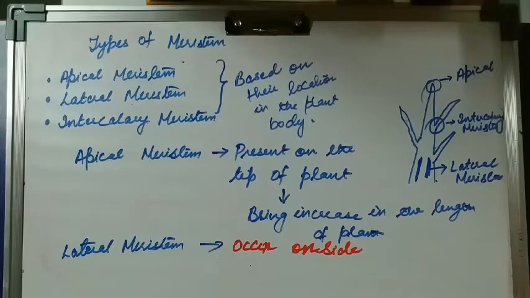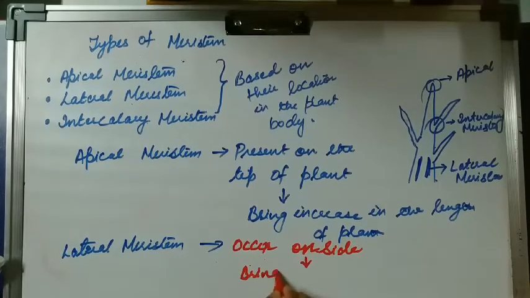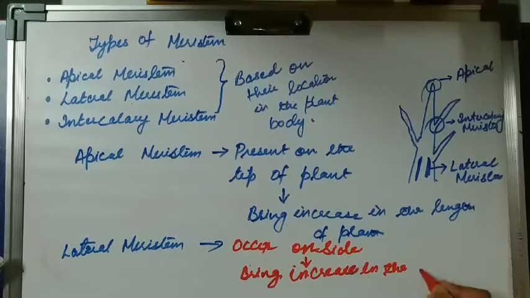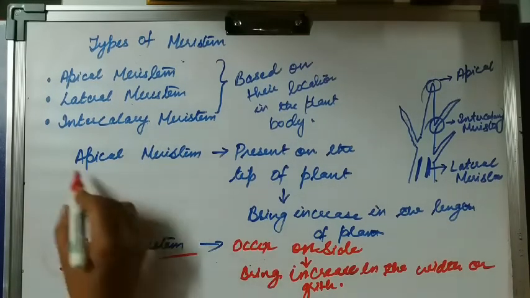The lateral meristem is present on the side walls and they bring about an increase in the width or girth of the plant. This is your lateral meristem.